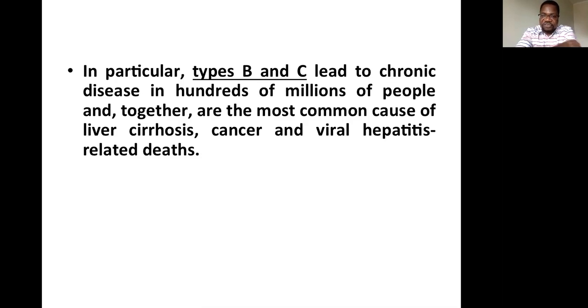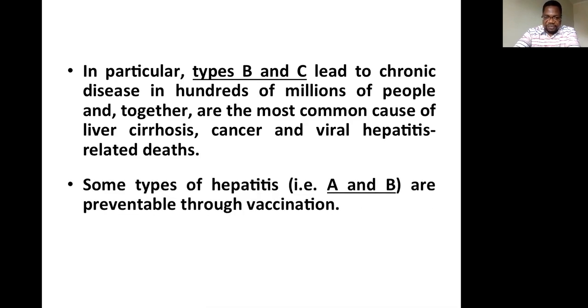Chronic infection by B and C leads to liver cirrhosis, can lead to cancer of the liver, and is the reason for numerous viral hepatitis related deaths that we see.